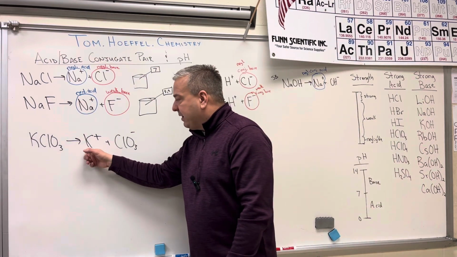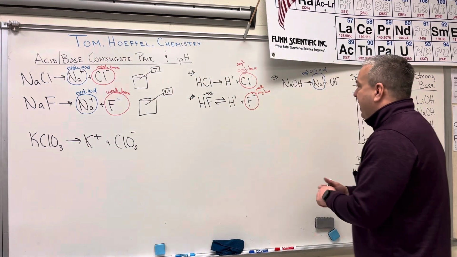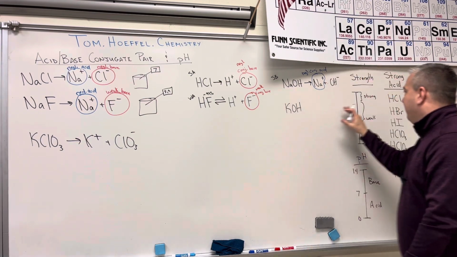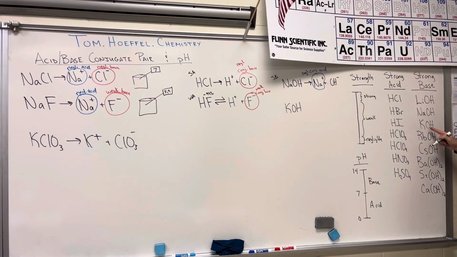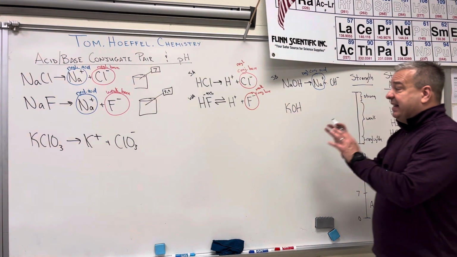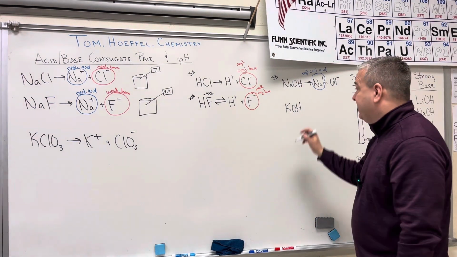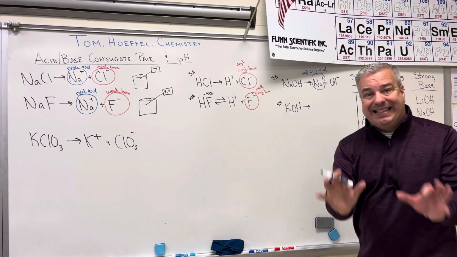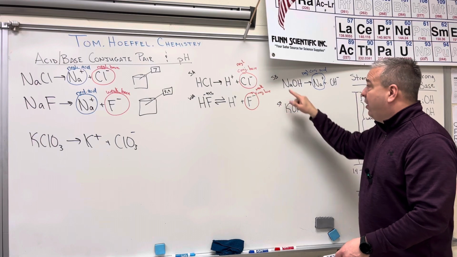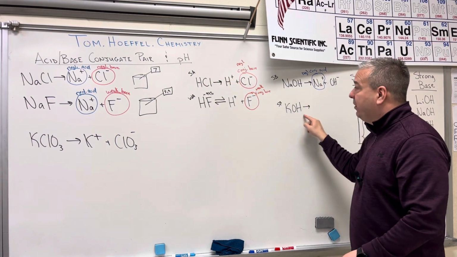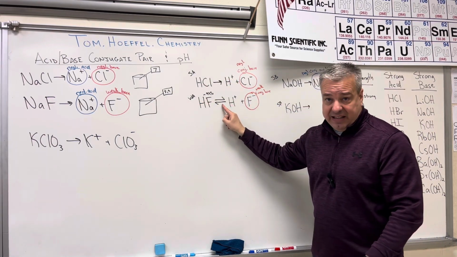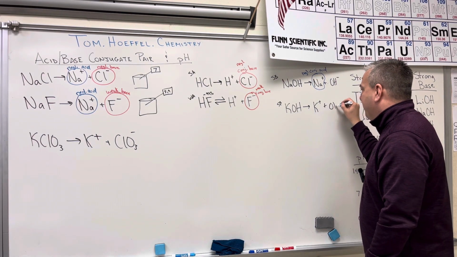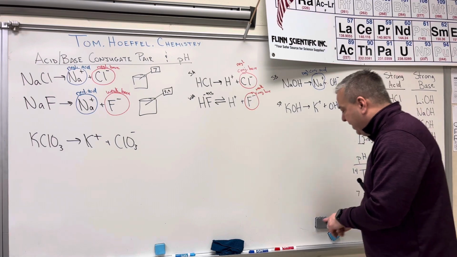We take a look at the potassium ion over here, and I know that comes from KOH. Now I have to figure out, is KOH on my list? Yes, it is, right here. Since it's on my list of strong bases, I'm going to label it as a strong base, and that's when I use a single arrow. If it's strong, we use single arrows; if it's weak, we use the equilibrium arrow. So this makes potassium ions and hydroxide ions.